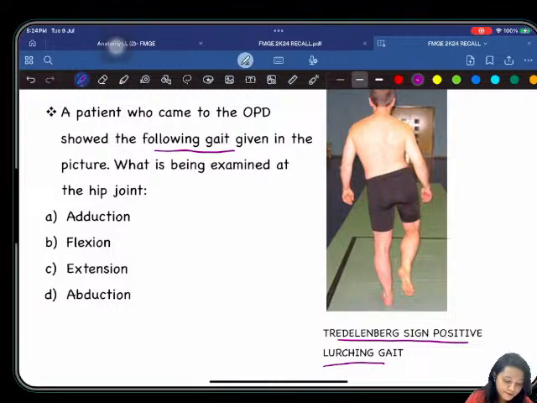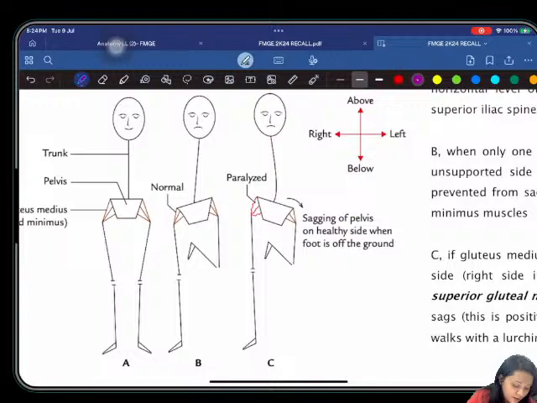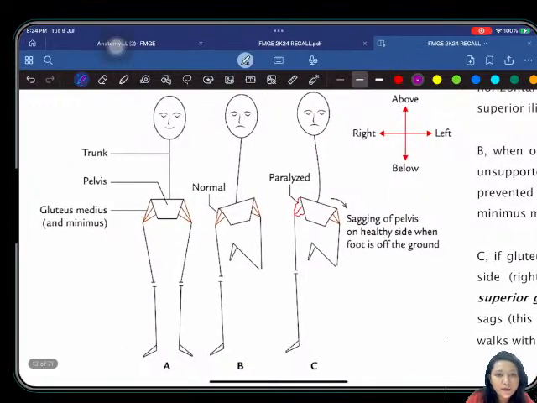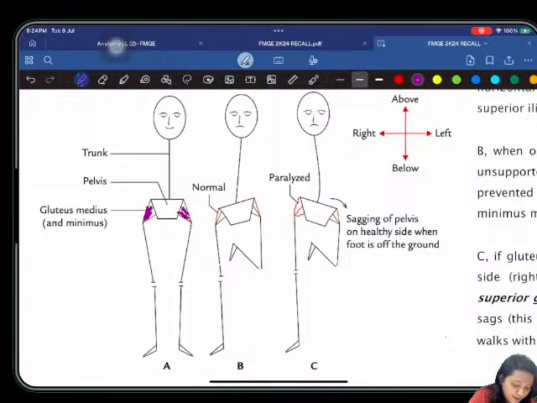Before this, let us see about the Trendelenburg sign. We know that in a normal pelvis, the gluteus medius and minimus are contracting and keeping it in a stable position. If a leg is off the ground, then on the opposite side, the medius and minimus are contracting and tilting the pelvis up. So if there is paralysis on this side, there will be sagging on the opposite side.